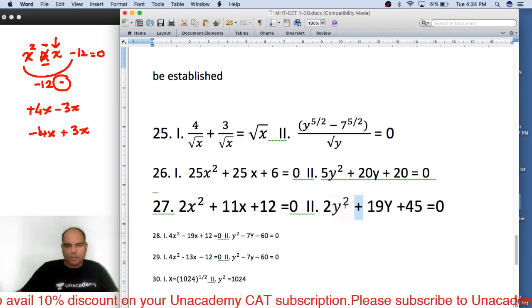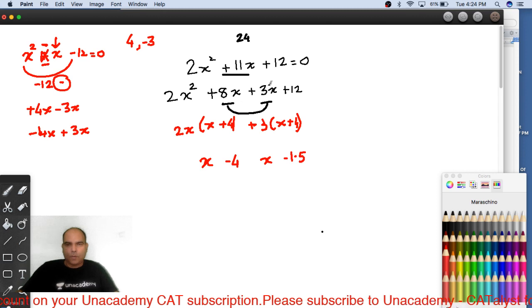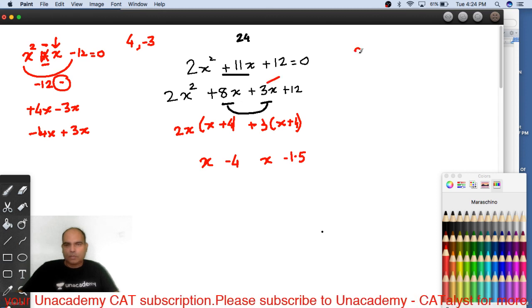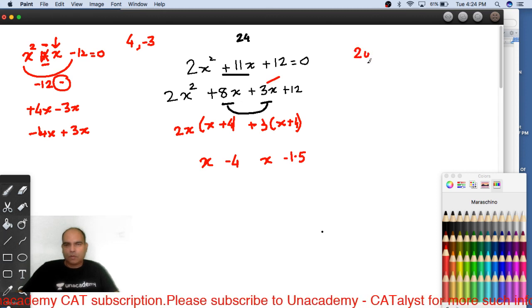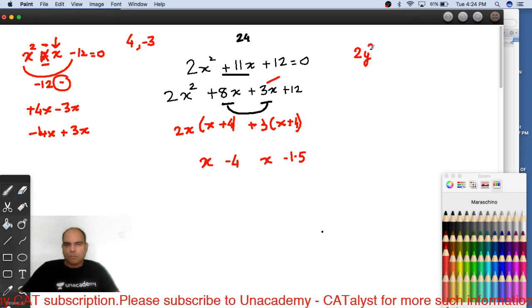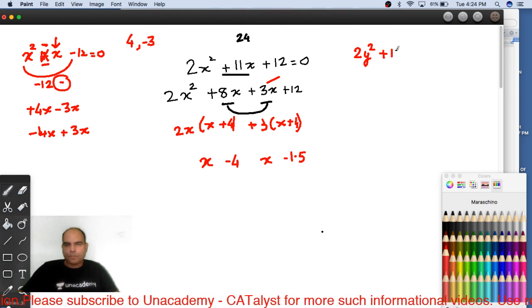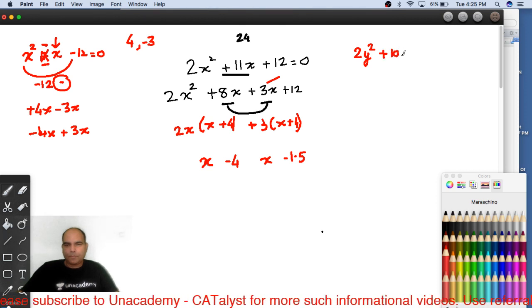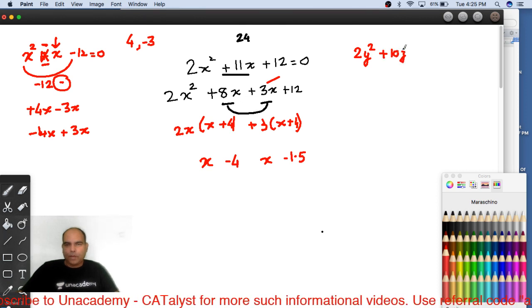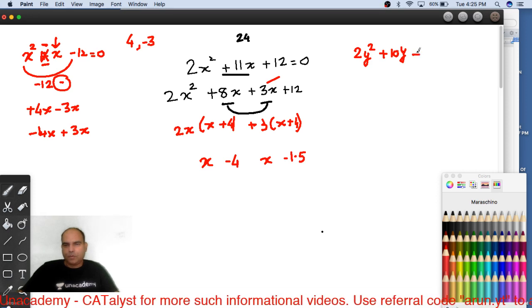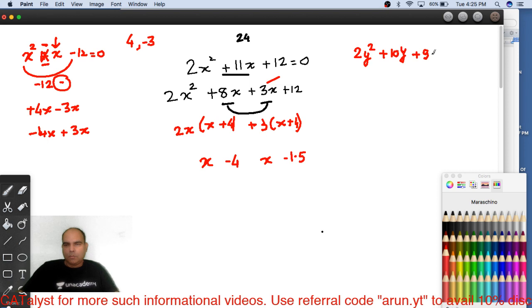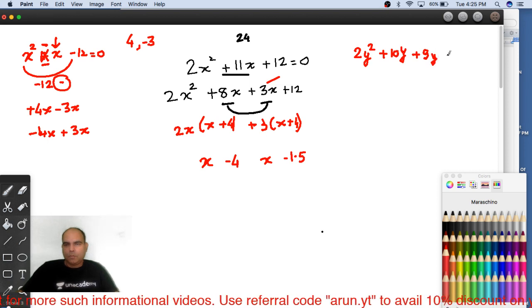So you will split 2y square plus 19y as 2y square plus 10y plus 9y. You should get the split instantly. Only then will it help, only then will the question be fast. Plus 9y plus 45.